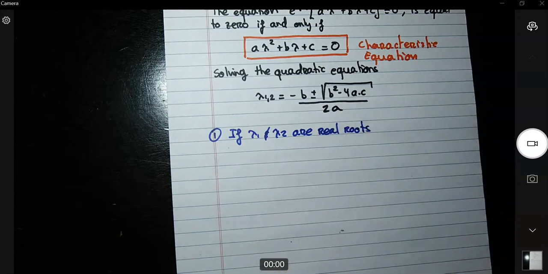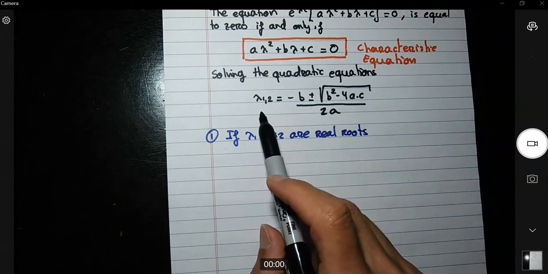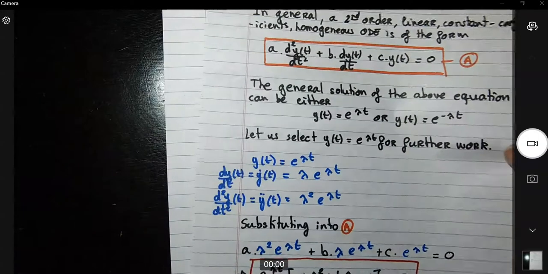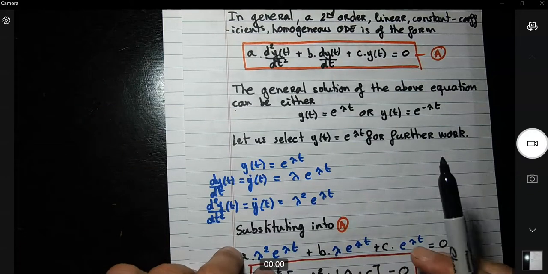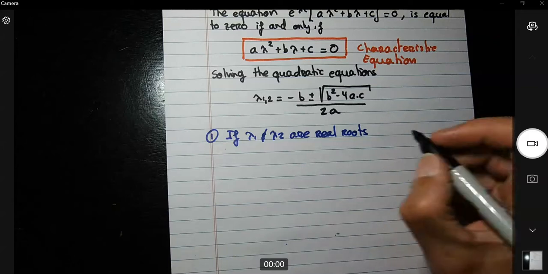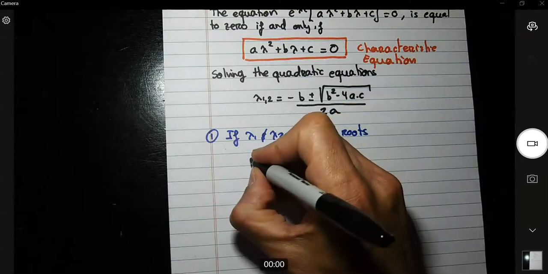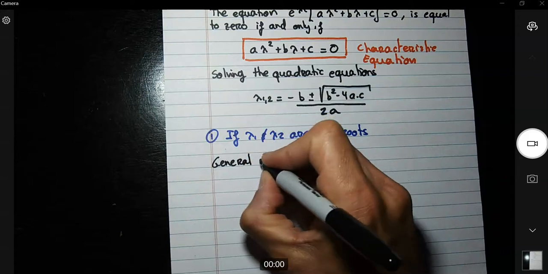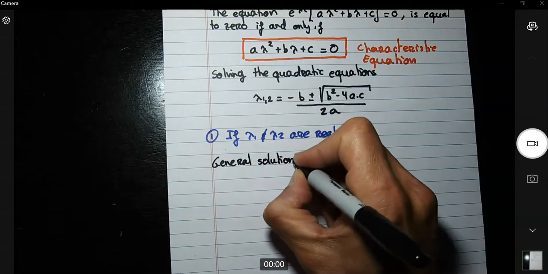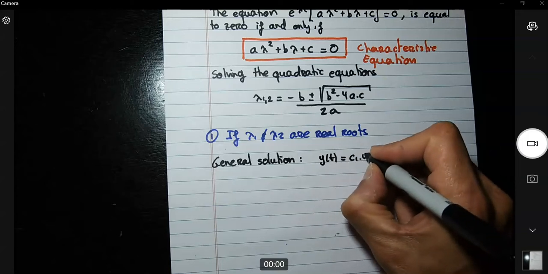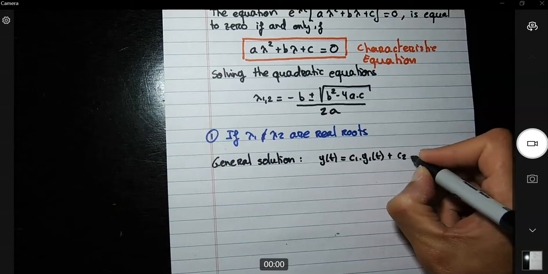okay, then what happened? Remember the general procedures that once you find the roots, you go back to the assumed solution, which in this case is y of t equal to e lambda t, and because of the principle of superposition, what we're going to have, y of t, so general solution, y of t could be c1 y1 of t plus C2 Y2 of t.